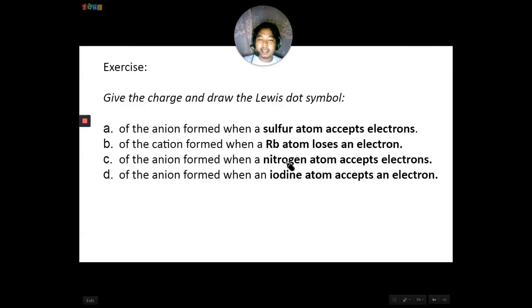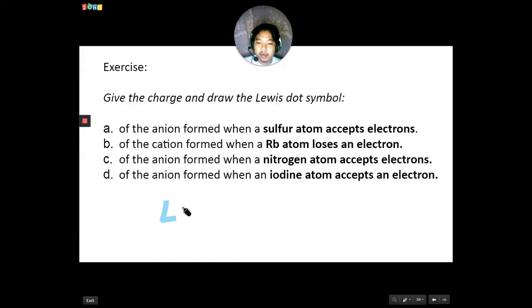And I think that's it, no? For the rest of the period, please write the anion or cation formed. Depende kung anong nangyayari dito sa mga atoms, 'di ba? Some accept, some lose. And what do we mean by Li with that symbol?